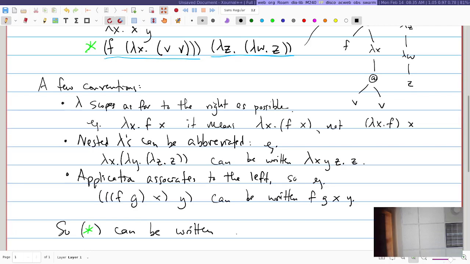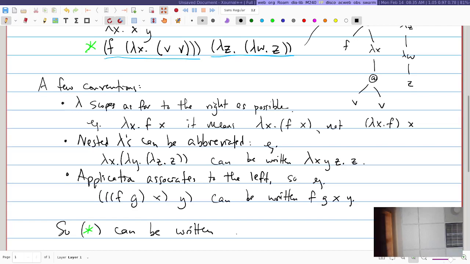So this thing up here, notice how first of all, it's f applied to something, and then that whole thing is applied to this. That's a left nested application, so I don't need these parentheses. I don't need these parentheses around the v either, because whenever you have lambda x dot something, everything to the right of it is going to be part of lambda x.